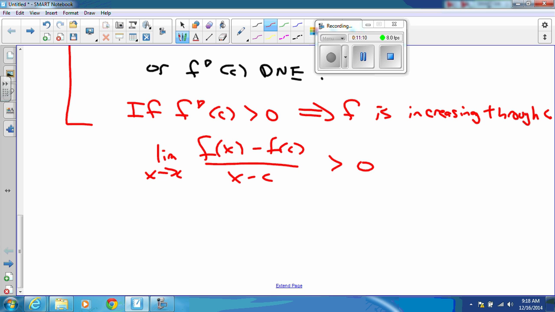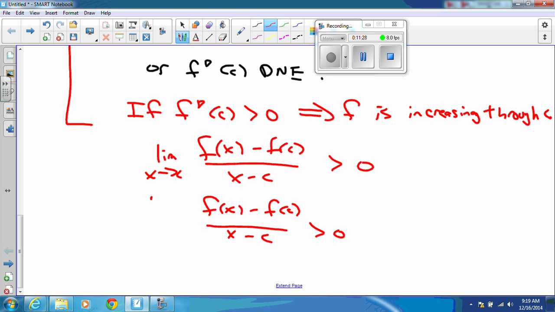What I'm literally saying is that my derivative at c is greater than 0, right? And so that means that there is a neighborhood around c for which (f(x) minus f(c)) over (x minus c) is greater than 0, right?